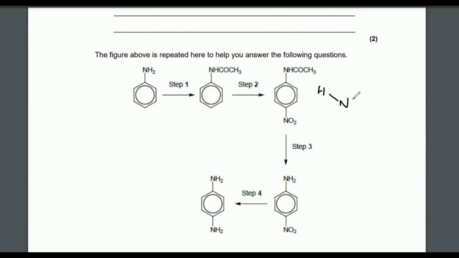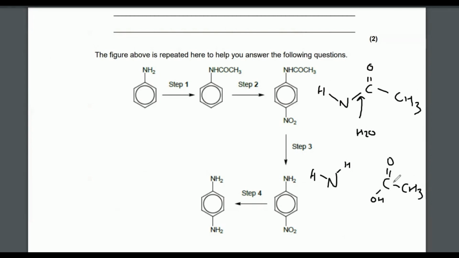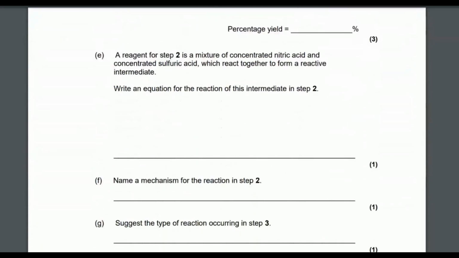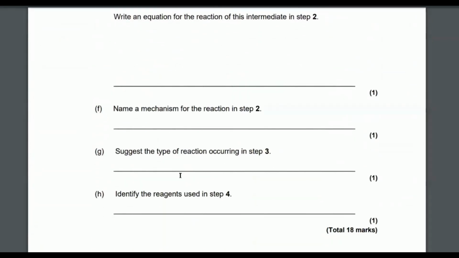And what in fact you're going to get is we add a hydrogen to make NH2, and the OH from the rest of the water molecule will be added on the side to make ethanoic acid with the COCH3. So you should be able to see that. If you add a bit of H2O, one of the H's goes on to the NH2 which is attached to the benzene ring, and then the carbonyl CH3 gains the OH from the water molecule and becomes ethanoic acid.